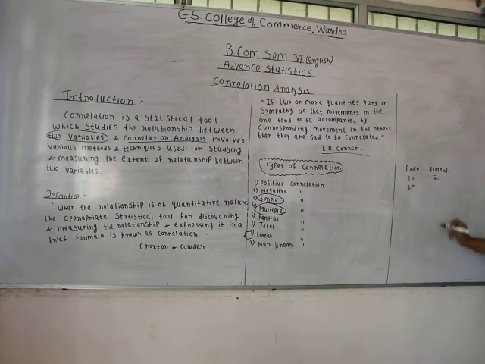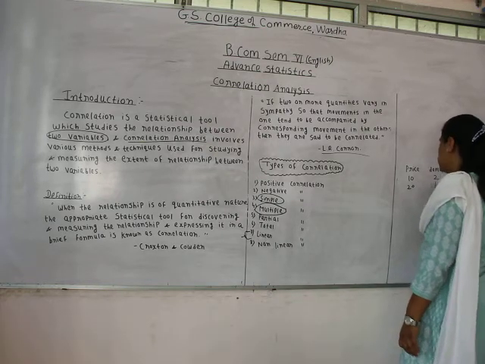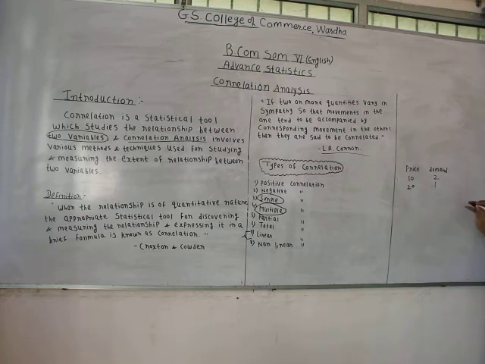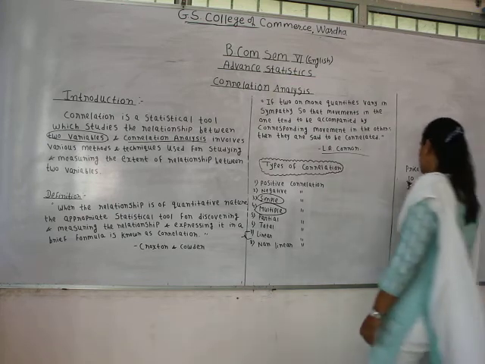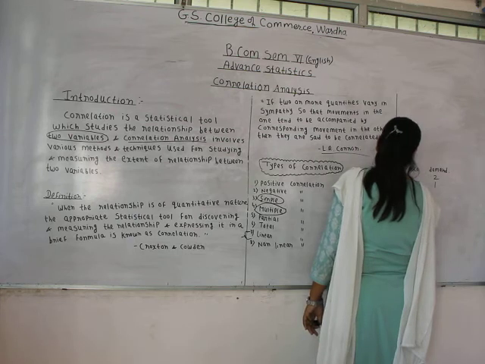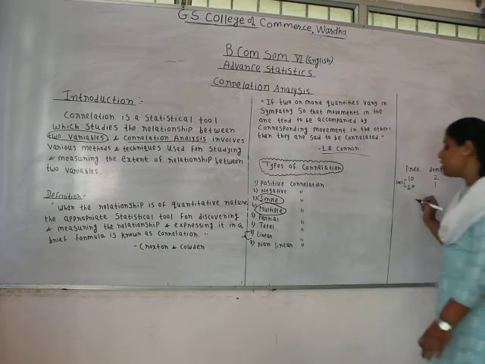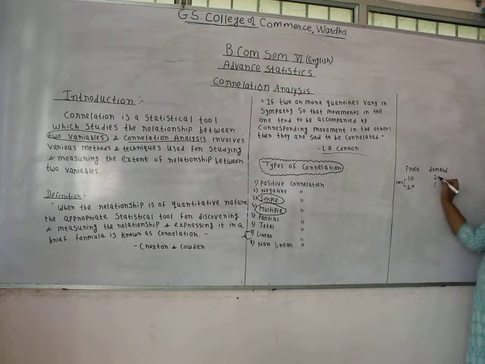When the price increases from 10 rupees to 20 rupees, demand declines from 2 units to 1 unit. So here you can see that there is a 100% change in the price of the commodity, and due to this there is a 100% change in demand.